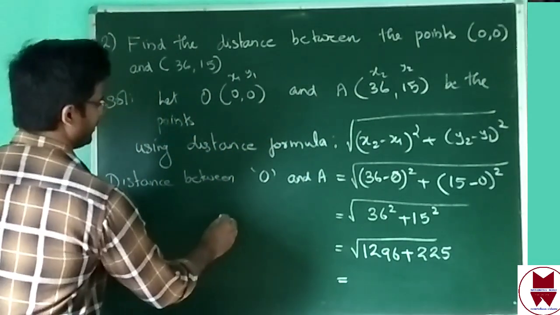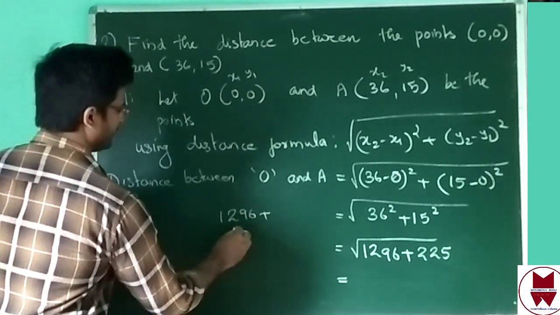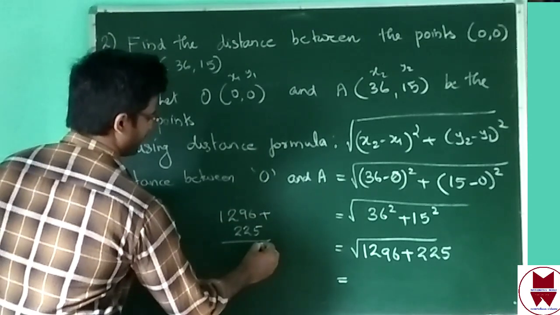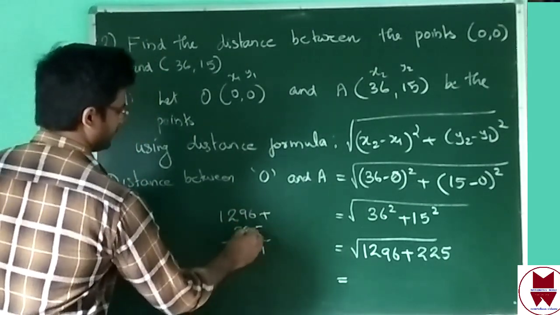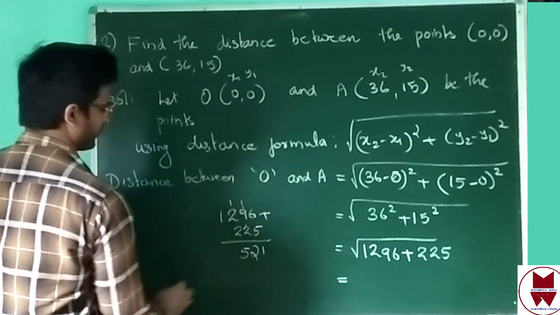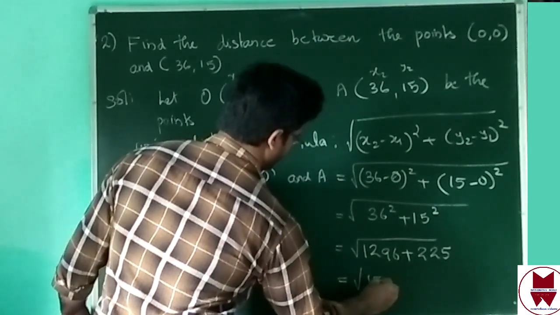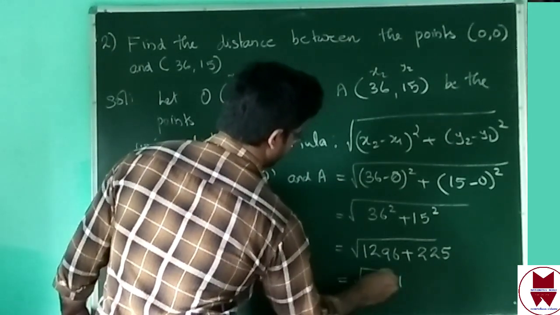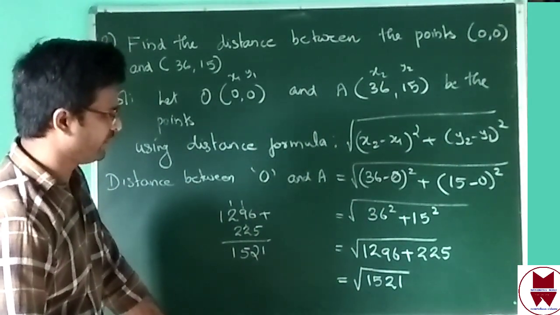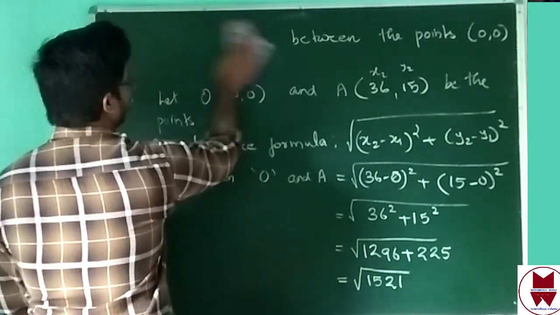We can add 1296 plus 225. You will get 1521. Now we got square root of 1521. We have to find out square root, for that factorize.